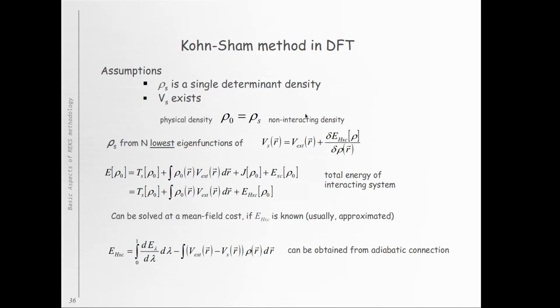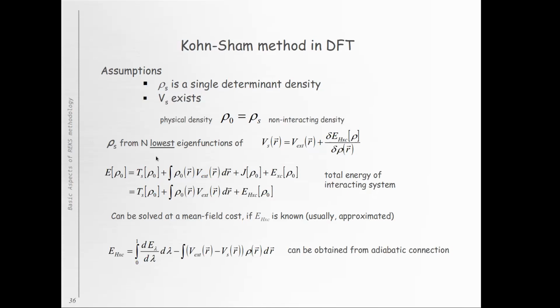We use this potential in a very simple secular equation for the orbitals, with kinetic energy plus this external potential as the quasi-Hamiltonian for the non-interacting electrons. From this, we find the orbitals, which will give us the exact density, assuming that the solution of this non-interacting system is given by a single determinant only.